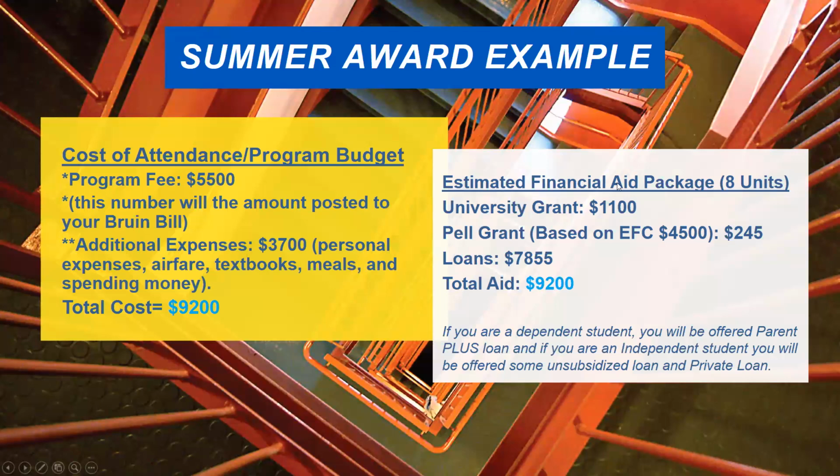And because it's 8 units, he qualifies for a university grant. This past summer, his university grant would have been $2,000. If you were full time, you got $4,000. Because this program is only 8 units, last summer this student would have received $2,000 in a university grant.